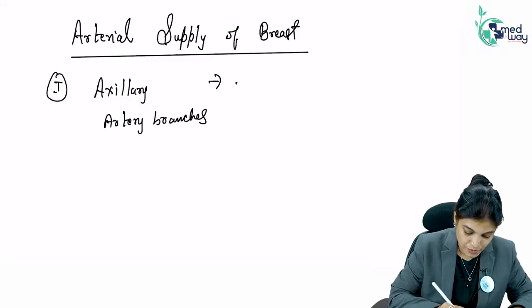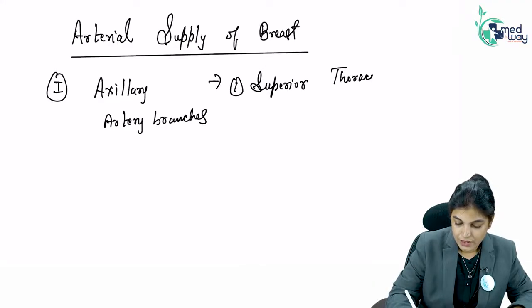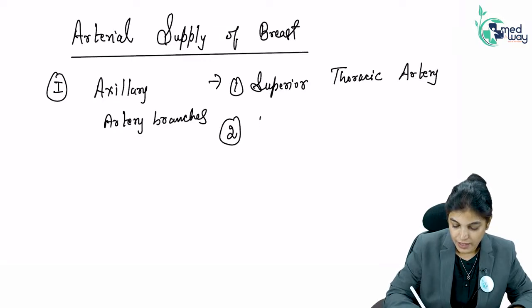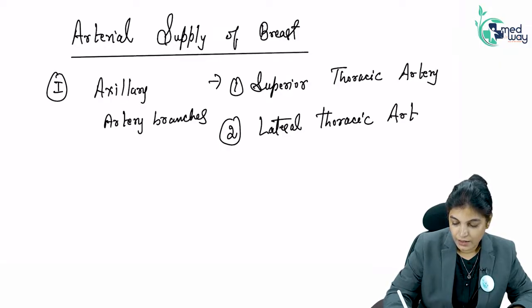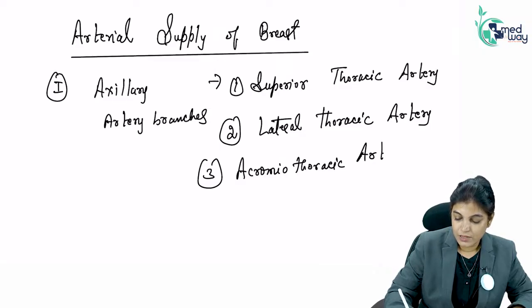We have three branches: the superior thoracic artery, which is also called the supreme thoracic artery, the lateral thoracic artery, and the thoracoacromial artery. So this is the first source.